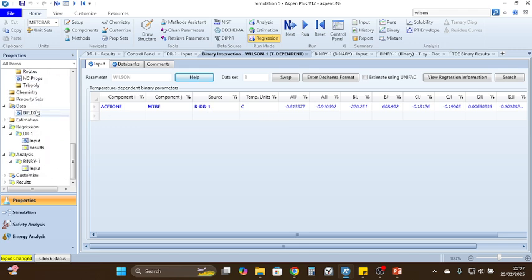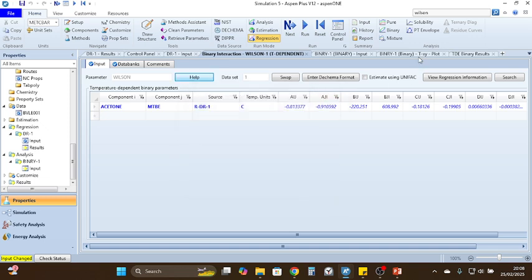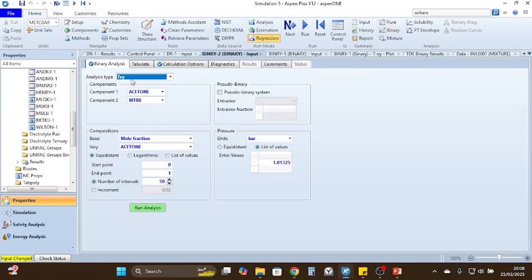Now we are going to select next. Now we are going to do the binary analysis for the TXY of acetone and MTB.